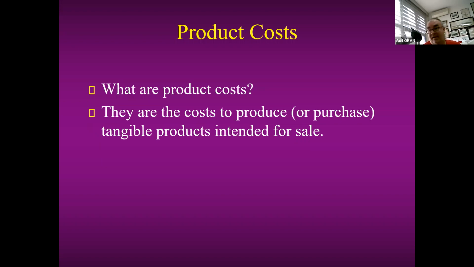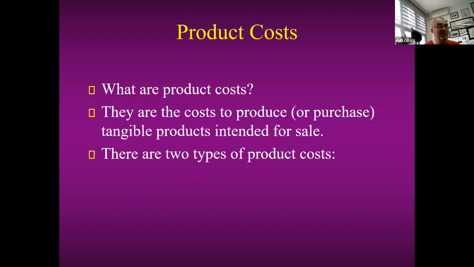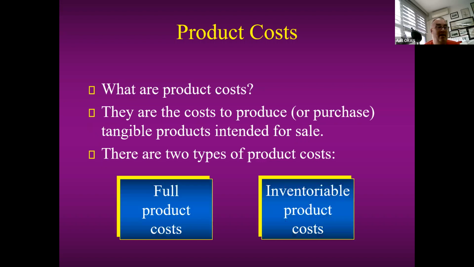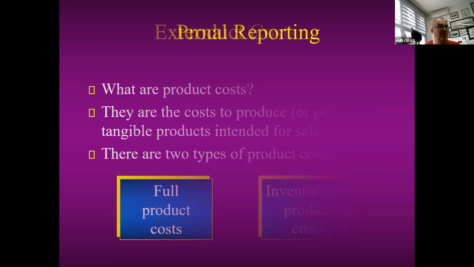But in a manufacturing company, it's going to include everything needed to produce a particular product that you plan on selling. Okay, so product costs can be grouped into 2 main parts: full product costs versus inventoriable product costs. So inventoriable product costs are what your financial accounting says need to go into that, whereas full product costs may include some things which financial accounting doesn't necessarily put into it.